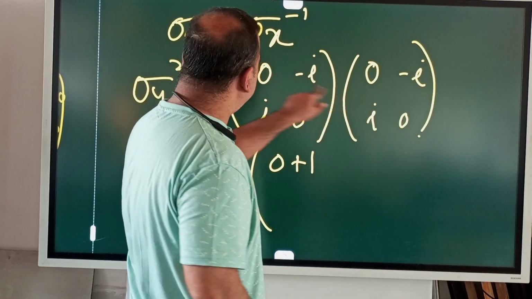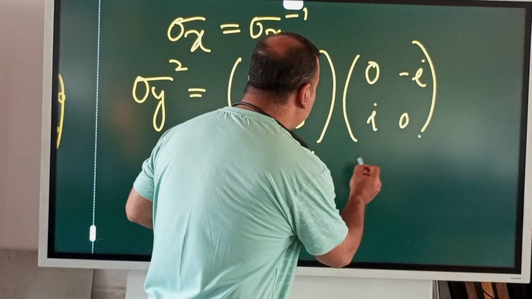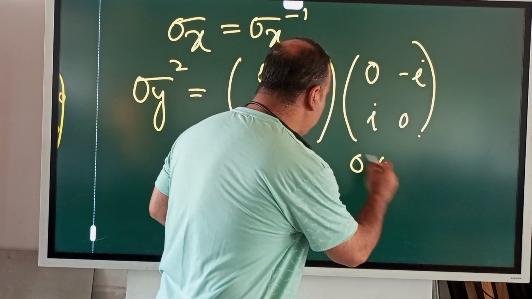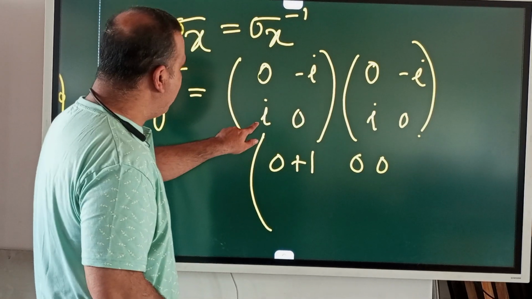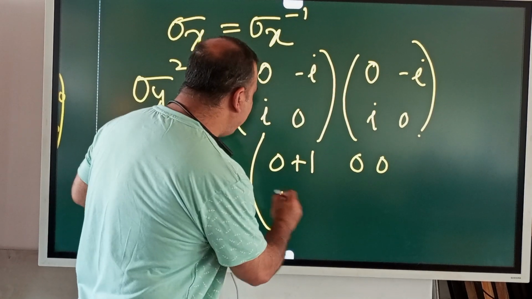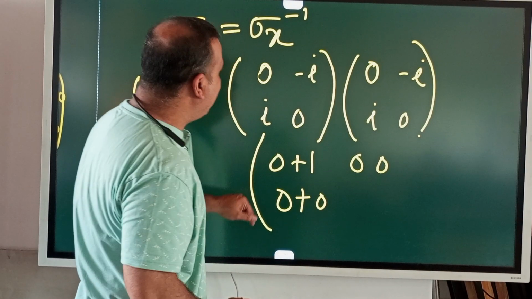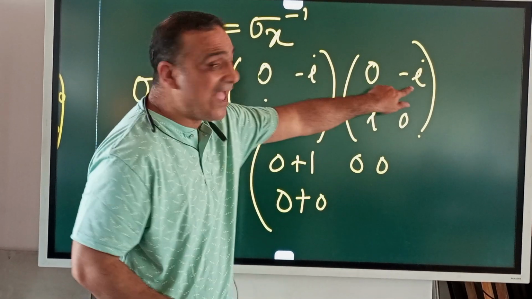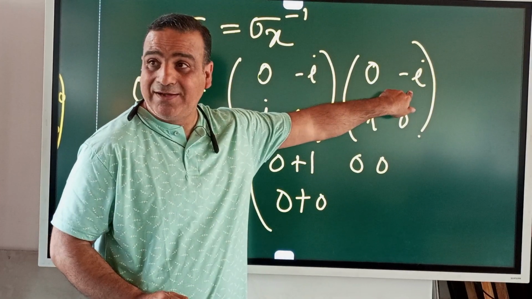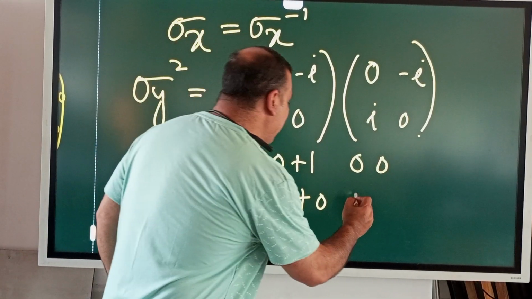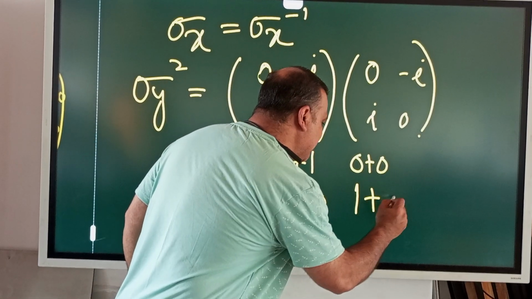What about the second term? This will give me 0 and this will give me 0. The third term will give me 0, plus this will give me 0. And the last, iota square again, that's minus 1, minus will become plus, so here you'll have 1 plus 0.